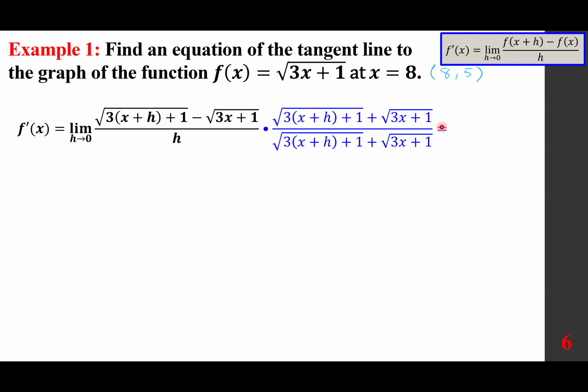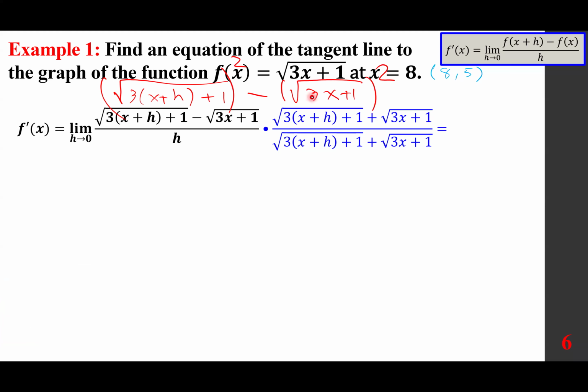Their product is a squared minus b squared. So square this one, square this one. In other words, we get the square root of 3 times x plus h plus 1 squared minus the square root of 3x plus 1 squared.